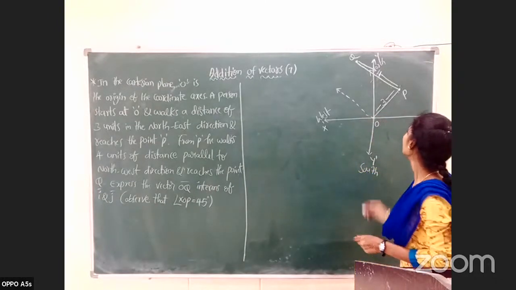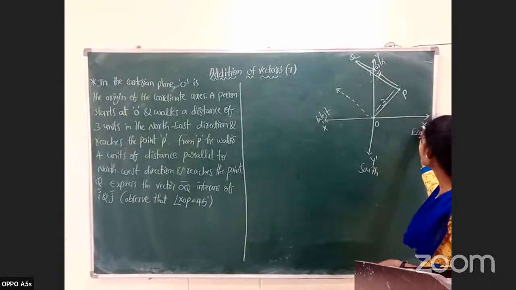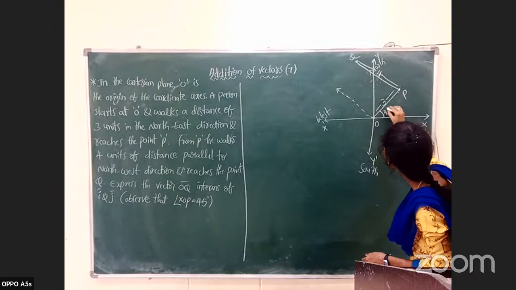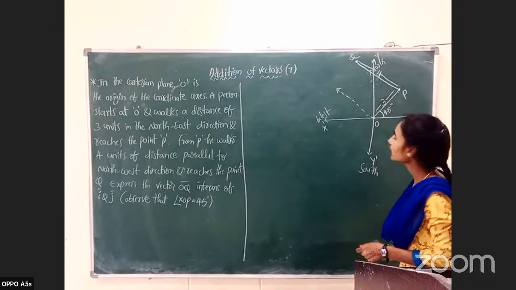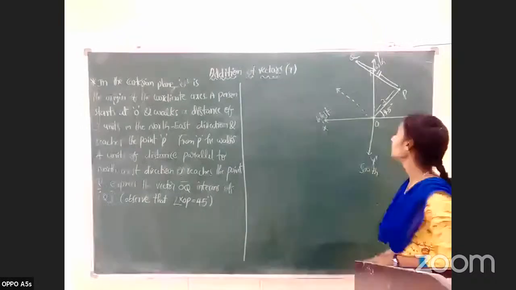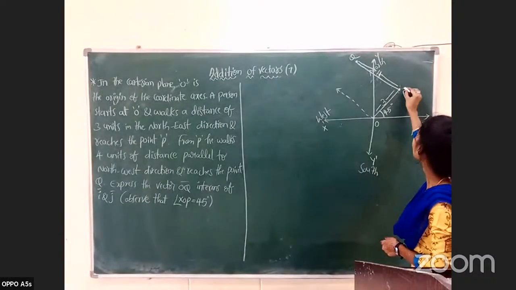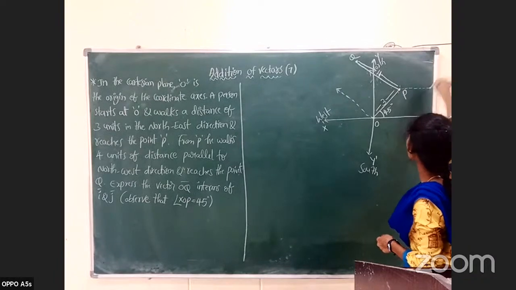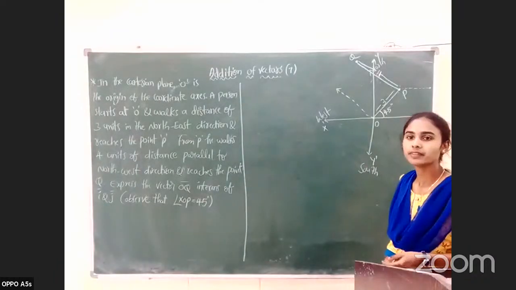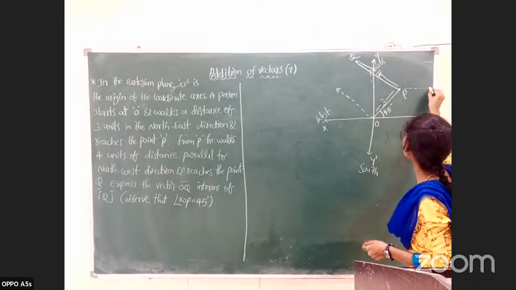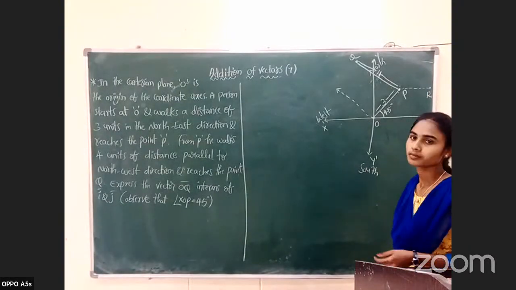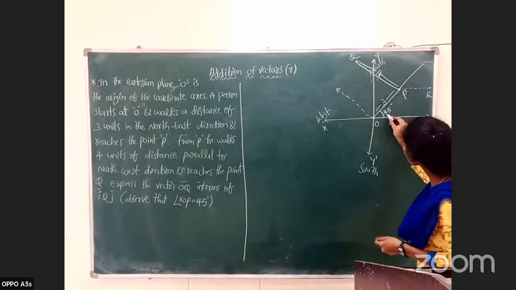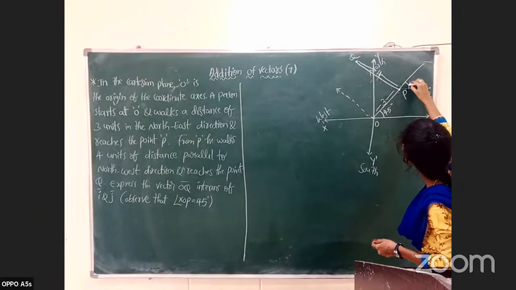So let's see, and also given the angle XOP. The angle XOP is 45 degrees. Let's draw a line at P which is parallel to the x-axis, which is nothing but PR. And we know if this is 45, then this is also 45 degrees.